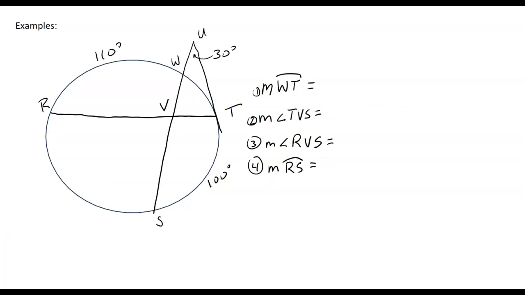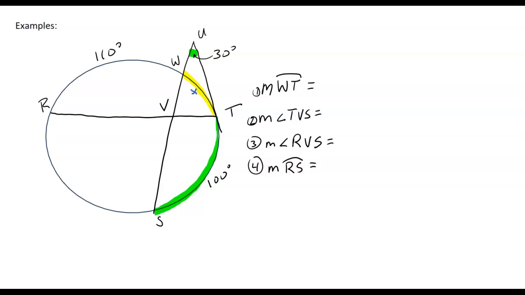On this picture, we're supposed to find the measure of arc WT. That's this arc right here. Well, you'll notice that it is intercepted by this secant and this tangent, so we're going to do half the difference. Okay. So let's call the thing we're looking for X, and here's the other intercepted arc, and it's 100, and here's the angle.